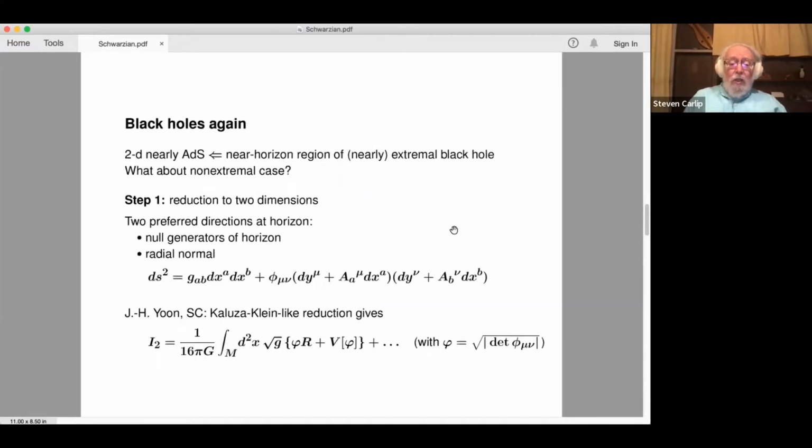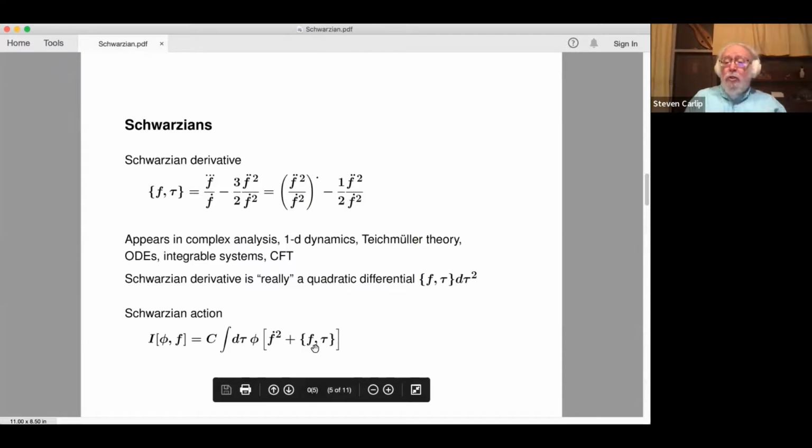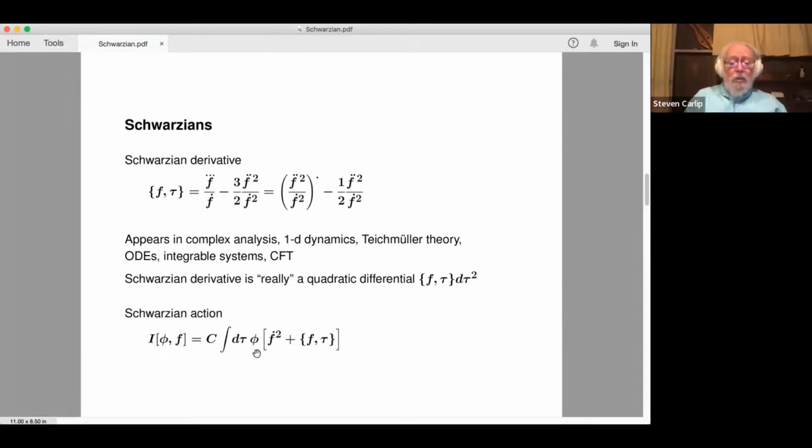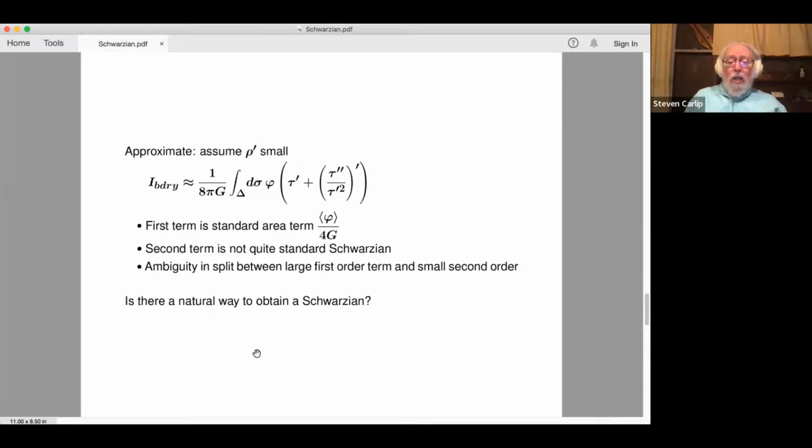Otherwise, this action wouldn't really make sense because you're integrating d tau, a scalar times a rank 2 tensor, and that's not invariant. But there's a normalization of the scalar that actually breaks reparameterization invariance in a way that makes that all work.